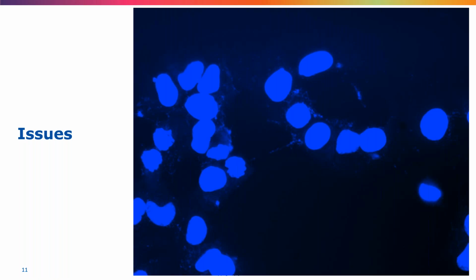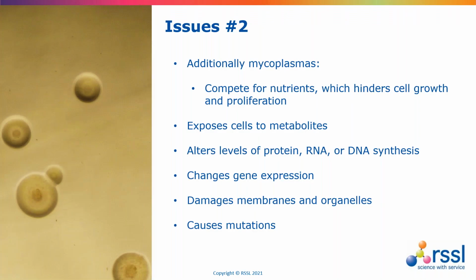And I mentioned earlier some of the problems to do with cell morphology and growth that mycoplasmas cause to infected cultures, but there are other issues as well. If you remember back to one of the early slides where we spoke about mycoplasmas being parasitic, this parasitic nature, where they're competing for nutrients, is also a factor that hinders cell growth and proliferation.